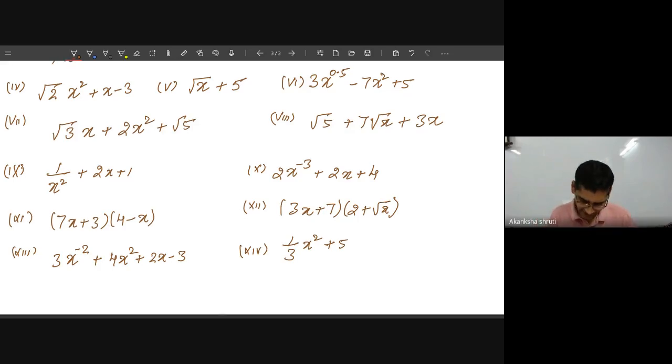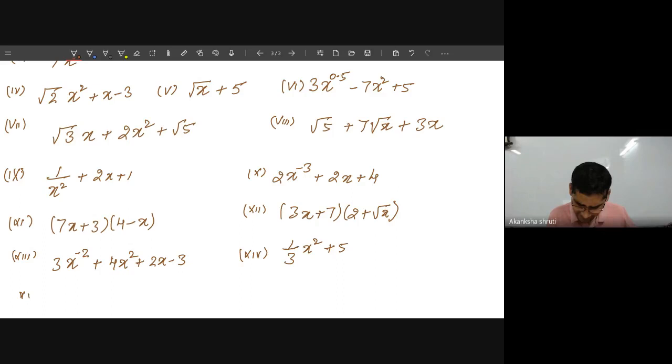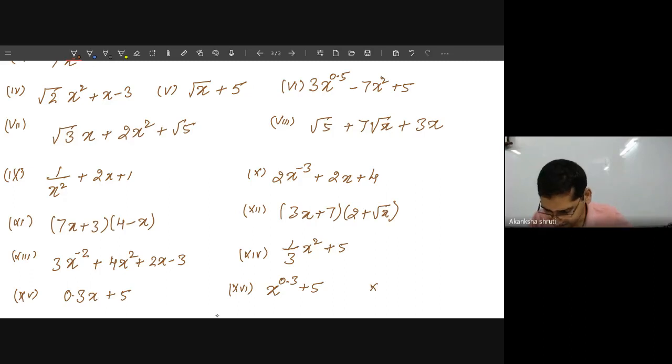The next one is the 15th, 0.3 x plus 5. The 16th one is x to the power 0.3 plus 5, and the 17th one is 1 by x square plus 2, only this much.